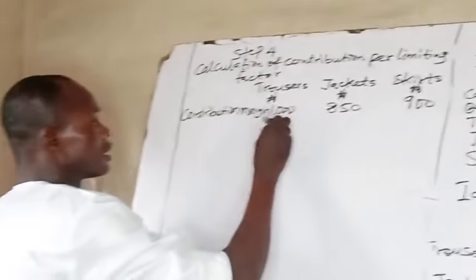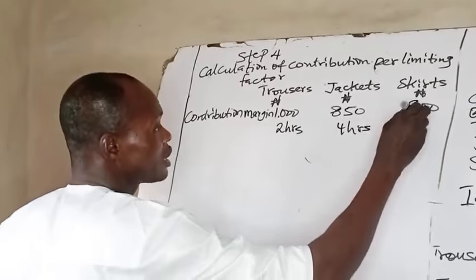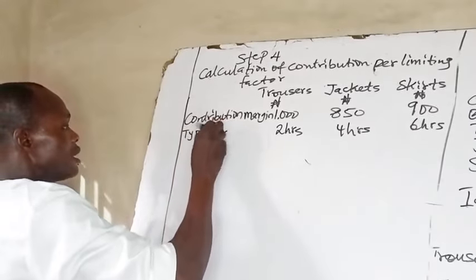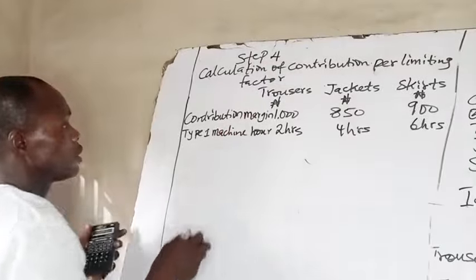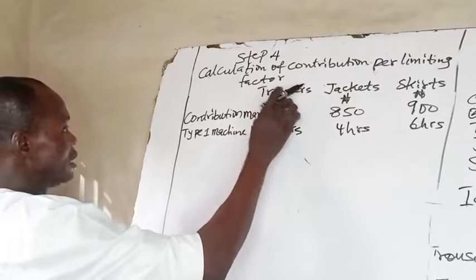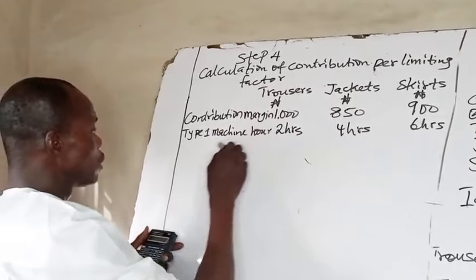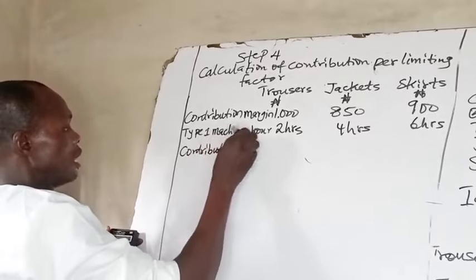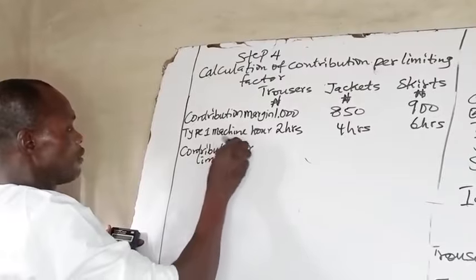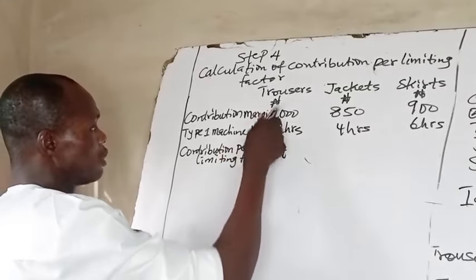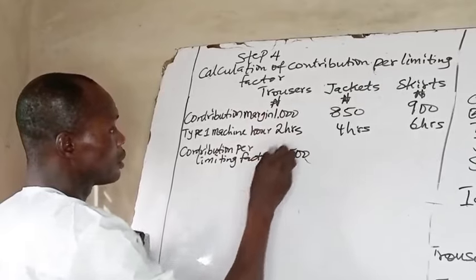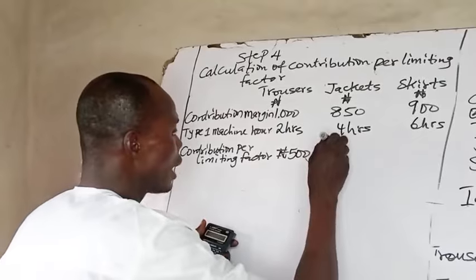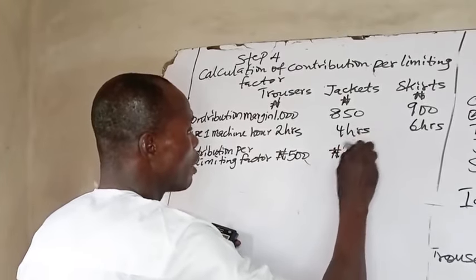So if you now divide the contribution margin by unit of the limiting factor, you have contribution per limiting factor, which will be 1,000 divided by 2, that is 500 naira. 850 divided by 4 gives us 212 naira 50 kobo.